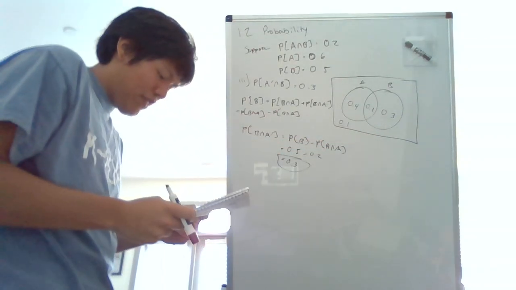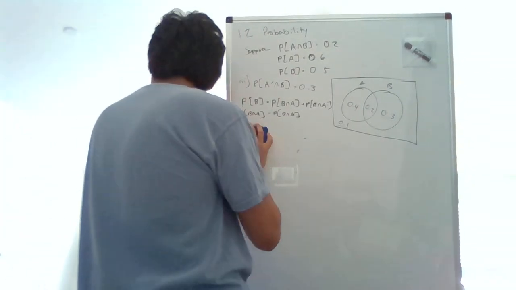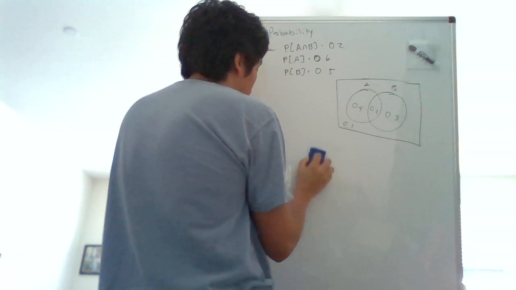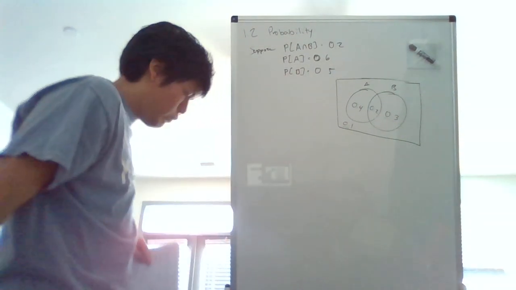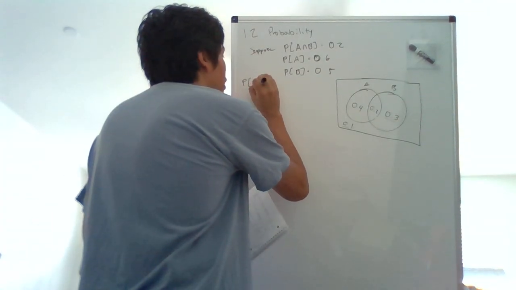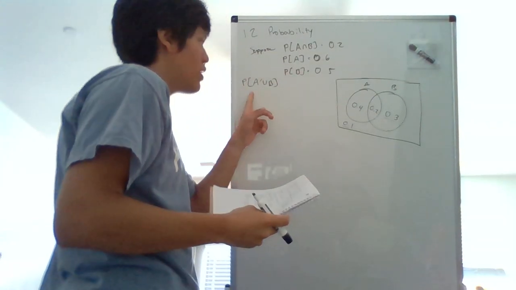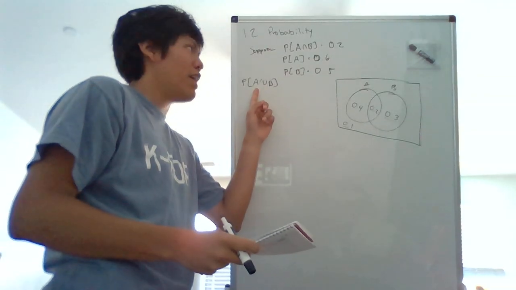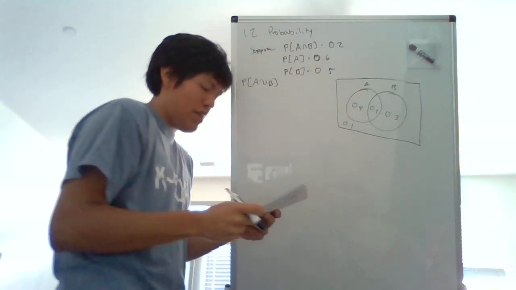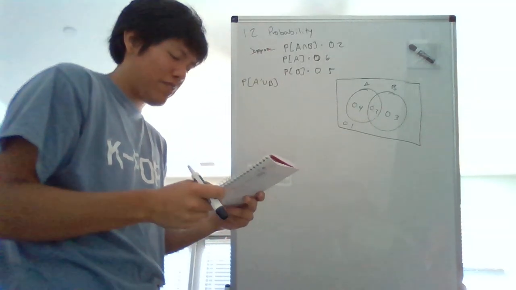All right. The last and final part of this problem is the probability of A complement union B. So the probability of everything that is not in A or is in B. So this one might be a little trickier to maybe explain, but we'll get through it.